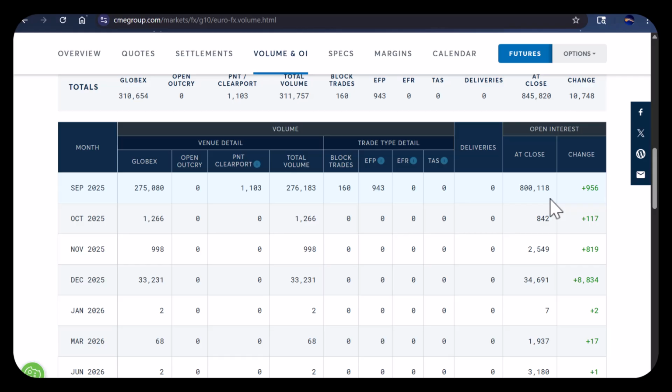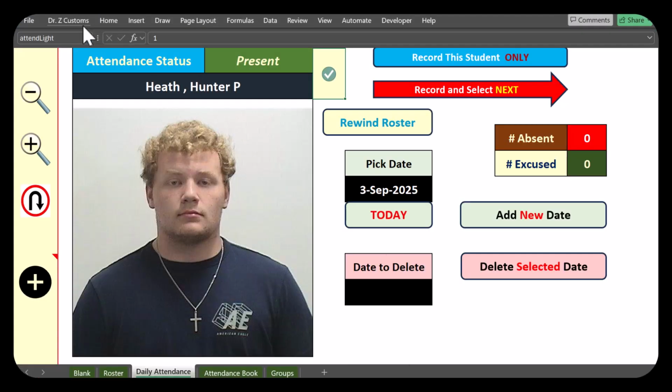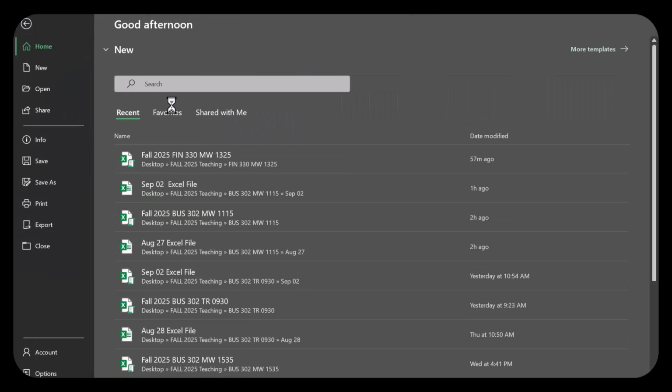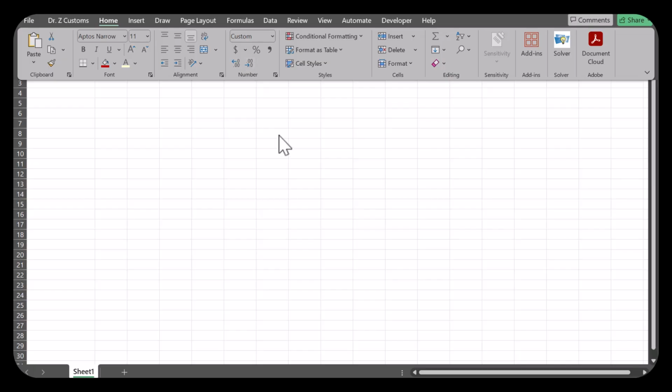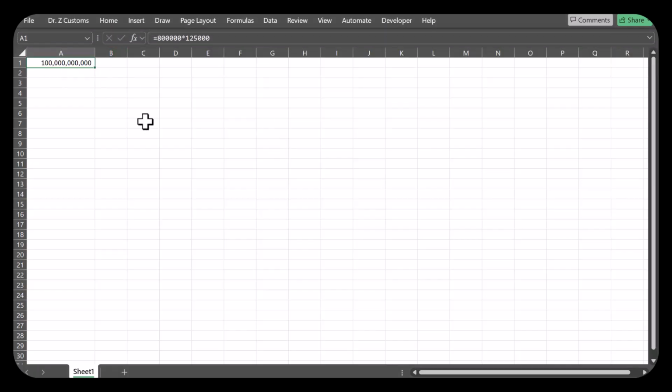I think that's roughly 100 billion euros. That means right now there are 100 billion euros worth of futures contracts that are open on the September contract but have not been closed yet.